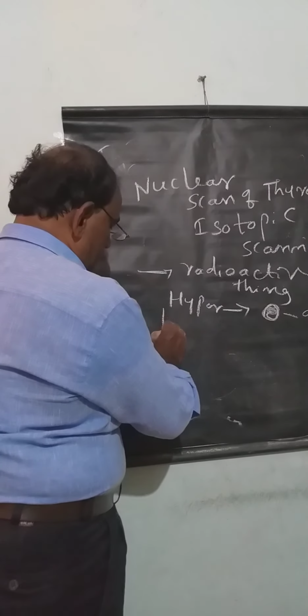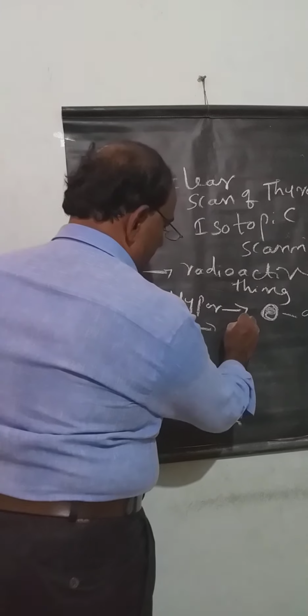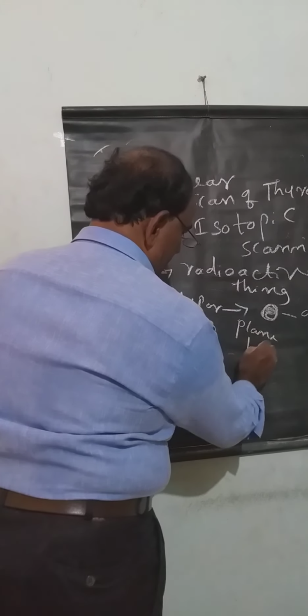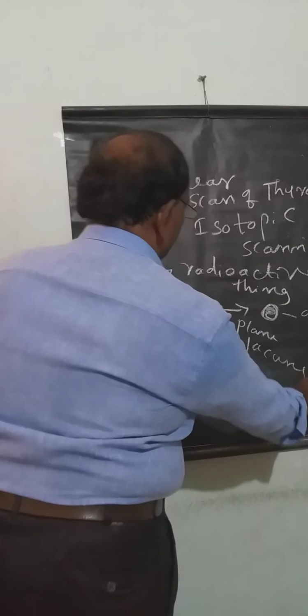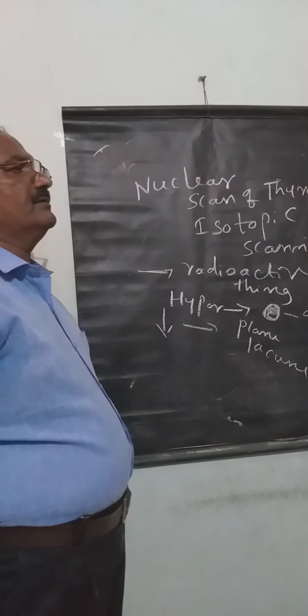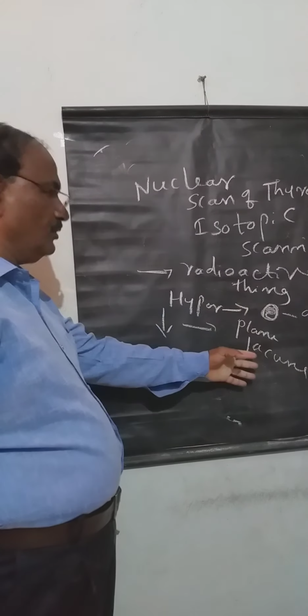And where there is less secretion, they are called lacunae, plain zones, white zones. By this, the darker and whitish plain spots can be seen, the hyperzones and the hypozones.